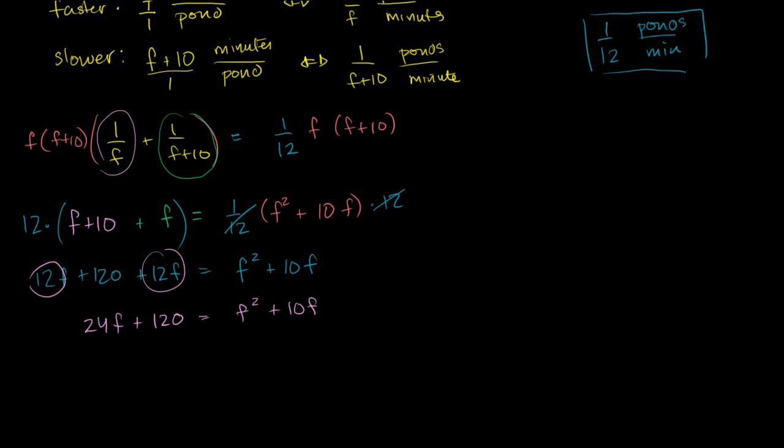So from both sides of this equation, let's subtract 24f and subtract 120. The left-hand side just becomes 0. That was the whole point. The right-hand side is f squared.